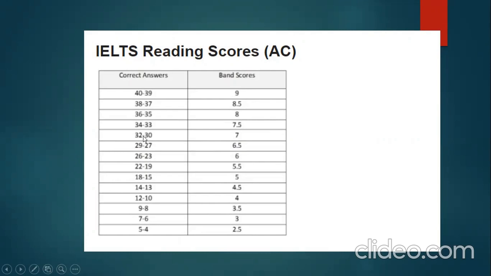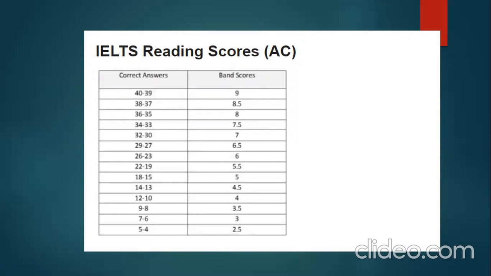Reading in the academic test is comparatively harder than the IELTS general test, but the tricks and techniques are the same for both tests. So if you're acing your general training, then you'll be able to get through academic as well, because the question types are all the same.